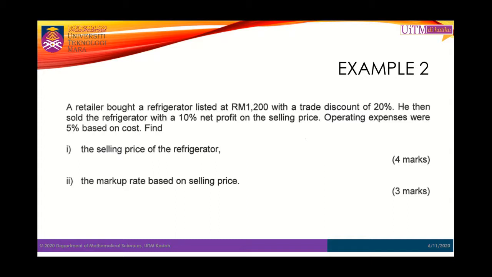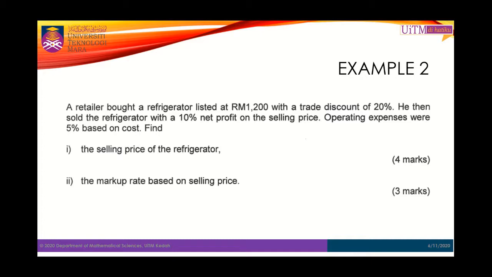He then sold the refrigerator with a 10% net profit on the selling price. Operating expenses were 5% based on cost. Find the selling price of the refrigerator, and second, find the markup rate based on the selling price.